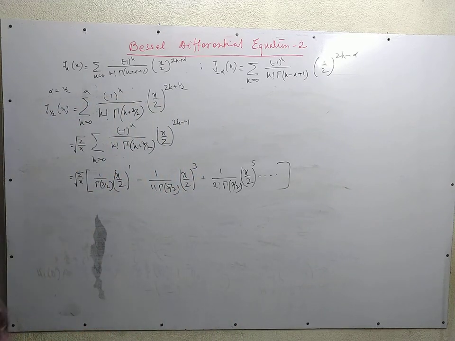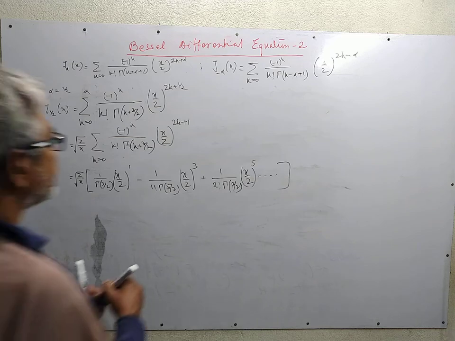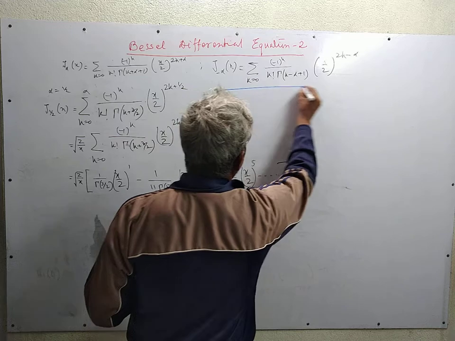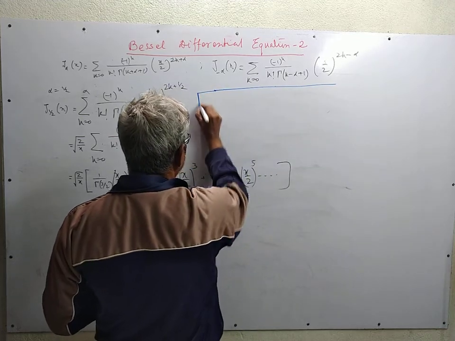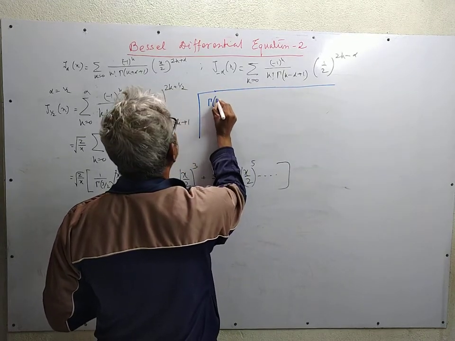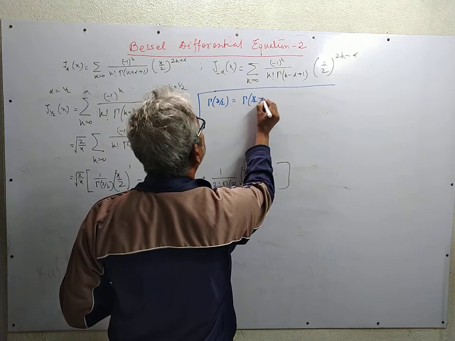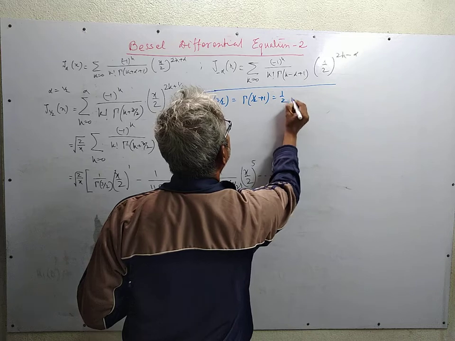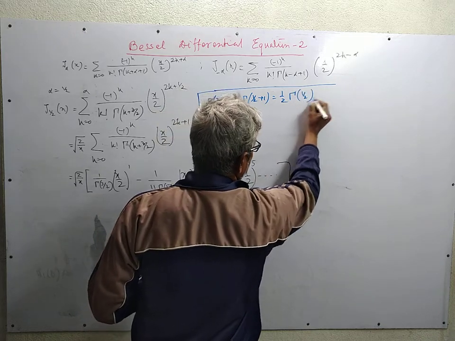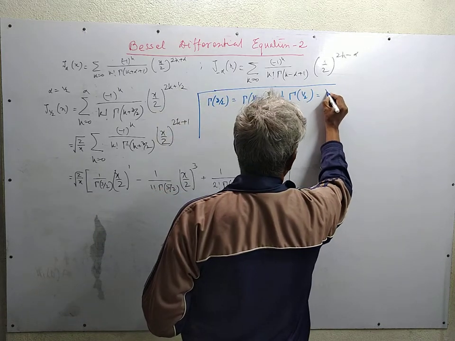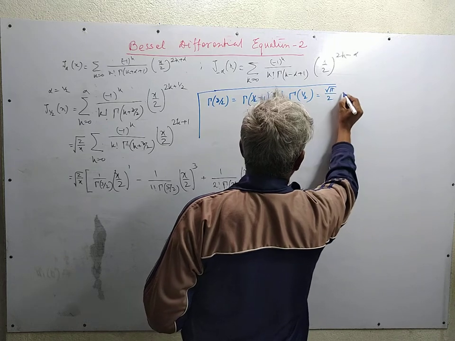Now for the evaluation of the gamma functions. Gamma 3 by 2 can be written as gamma half plus 1, so this is half times gamma half, and gamma half is root pi, so this is root pi by 2.